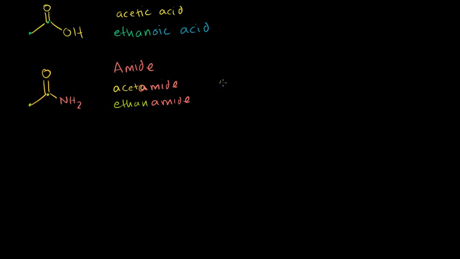Let's say you had 3 carbons that are part of the acyl group right there, and then it is bonded to a nitrogen, which is bonded to a methyl group, and then another hydrogen.